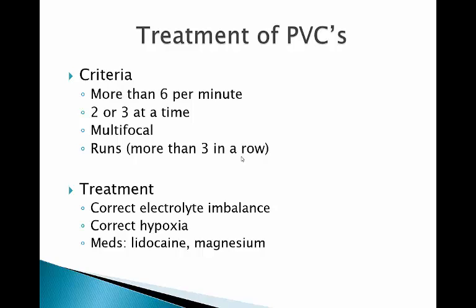We can give them potassium and magnesium boluses to help correct electrolyte imbalances. A lidocaine drip has been used in the past, but they really don't use lidocaine too much anymore as far as medications for treatments of PVCs. Usually electrolyte and hypoxia correction will take care of these.